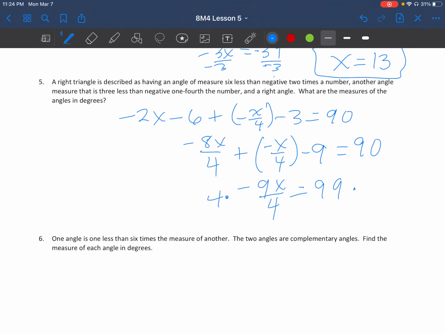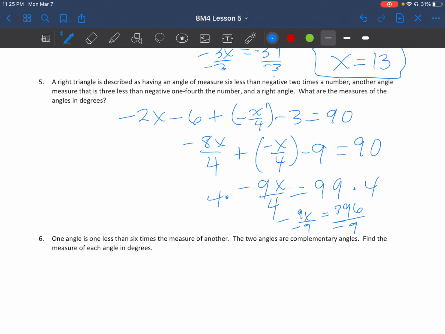And then we end up multiplying, because we want to get rid of this 4, so multiplying by 4 on both sides, which gives us a negative 9x equal to 99 times 4. 9 times 4 is 36, so 6, regroup 3, 36, so that's 396.